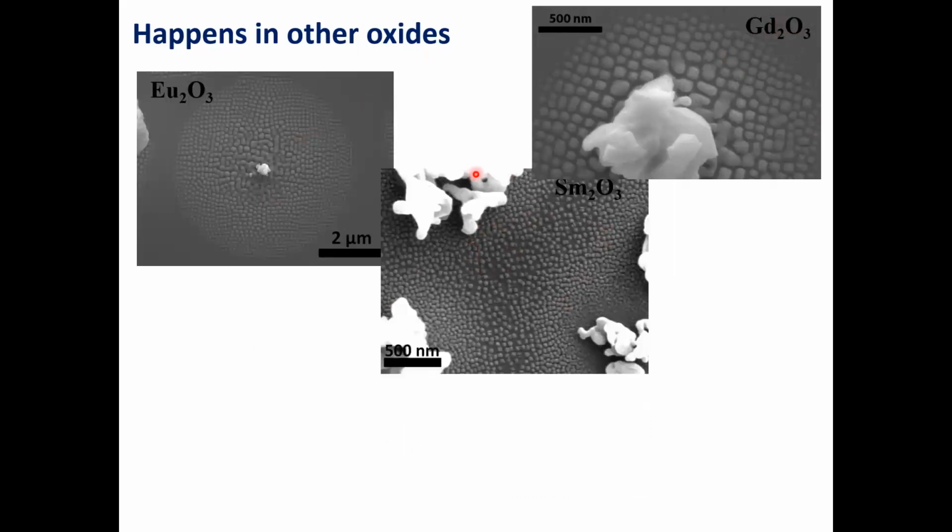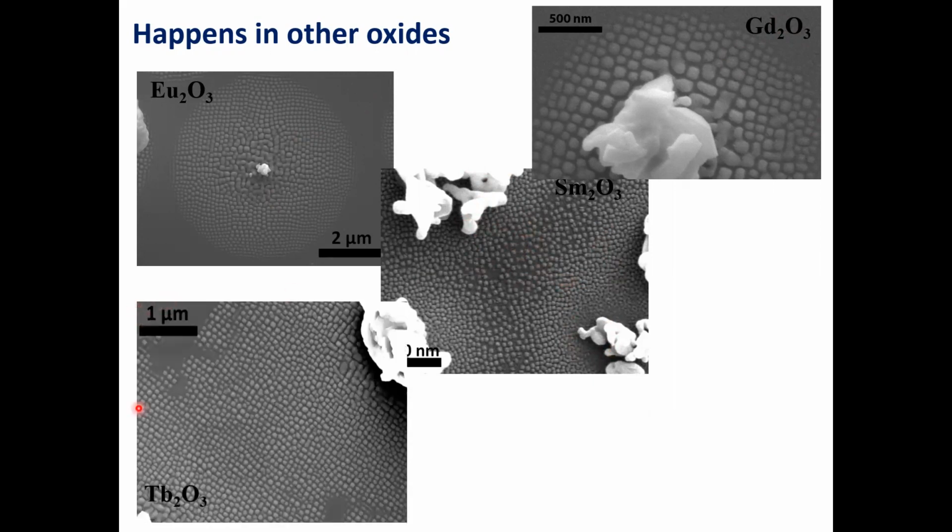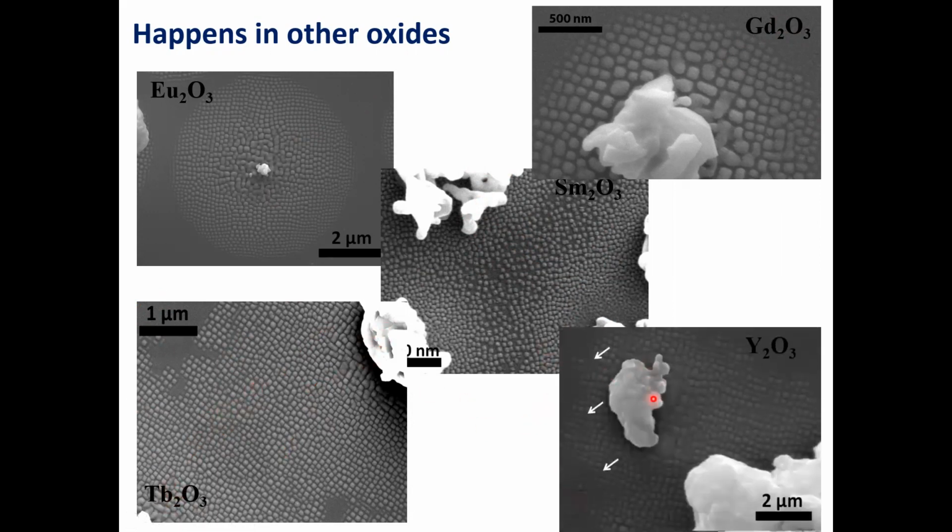This is samarium oxide nano-islands. Terbium oxide is part of the source, and yttrium oxide, you can see. So this is very robust. If you take a YSZ single crystal substrate and put any of the rare earths on it, it works beautifully.